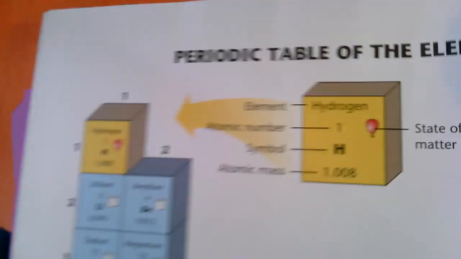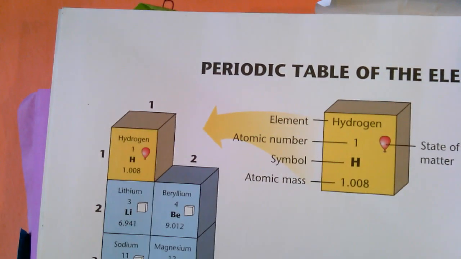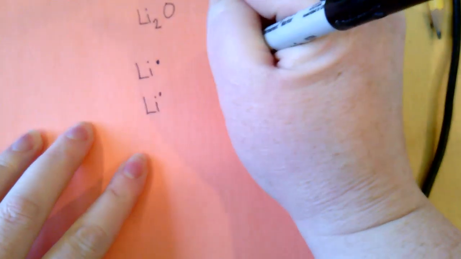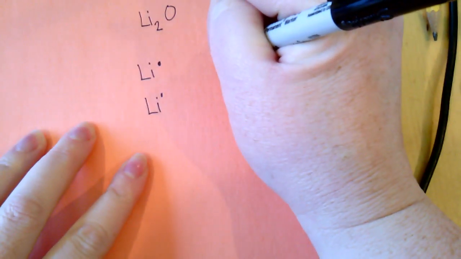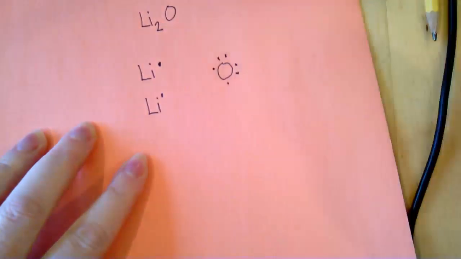Perfect. Lithium, right here. Group 1, 1 valence electron. So its Lewis structure looks like this. 1 valence electron, and I have 2 of them. Oxygen has 6 valence electrons. It looks like that.